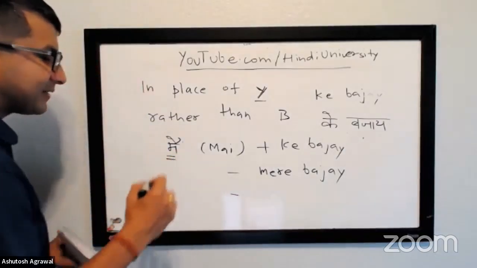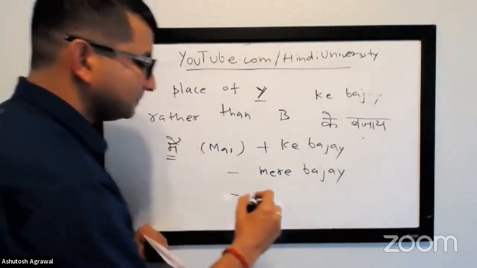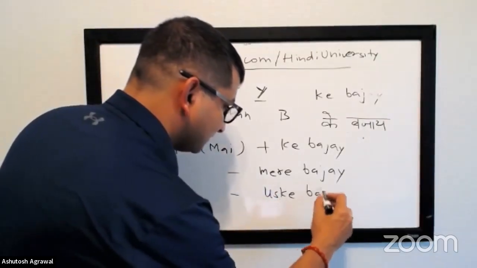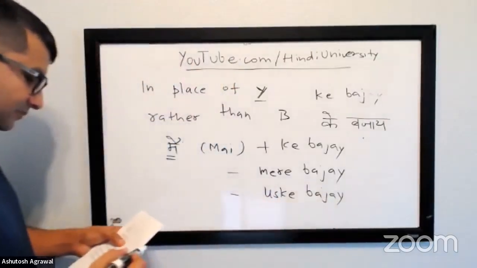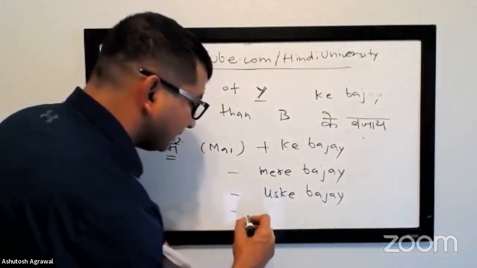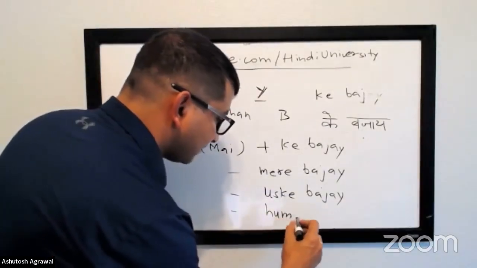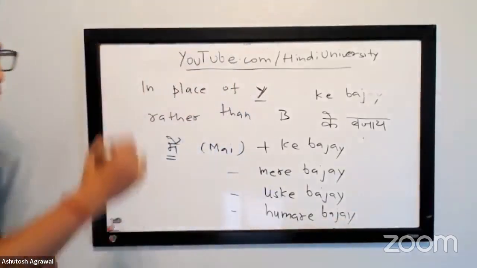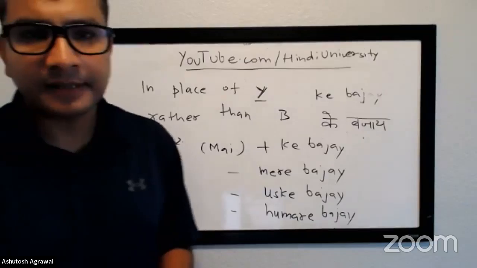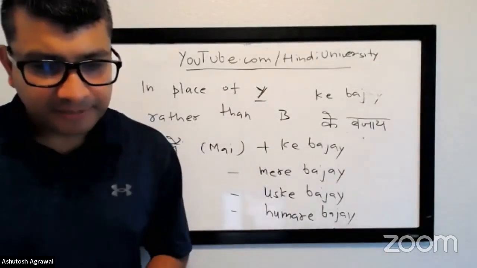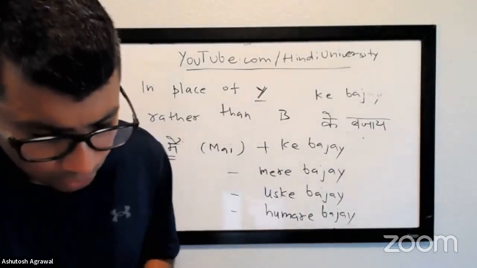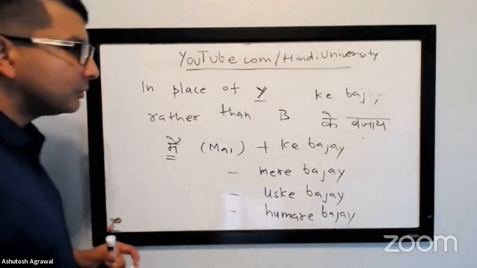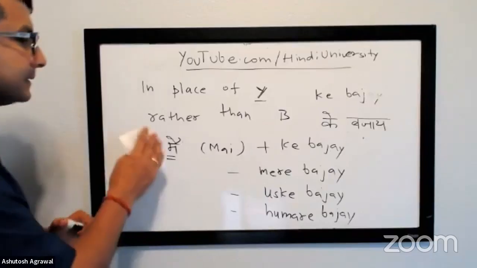Instead of मैं, try something else. You can try उसके बजाय, उनके बजाय. Yeah, very good. उनके बजाय, हमारे बजाय. So a lot of the pronouns you can try. I'm not going to go over sentences for each. I just want to first do the building blocks before we do some complex sentences.